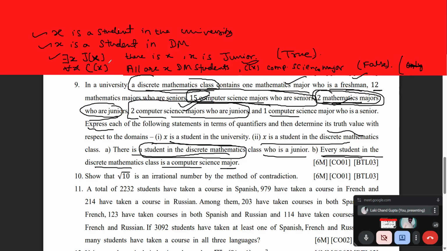Write in this way: two marks for this and one mark for this two and false. Not all students are computer science majors. Understood?